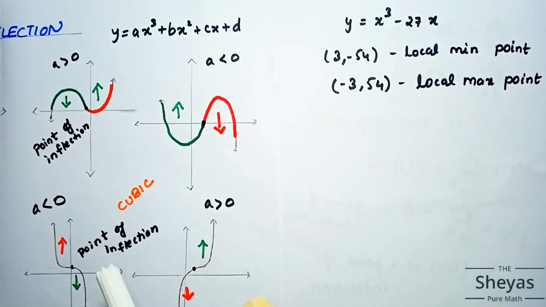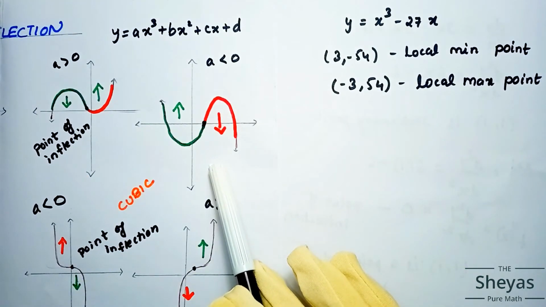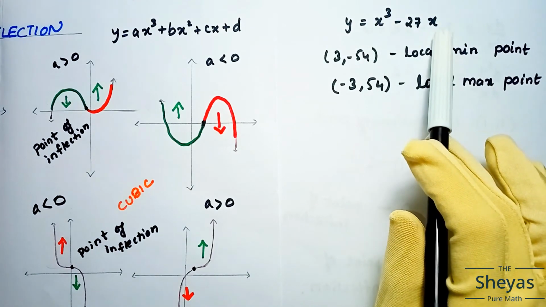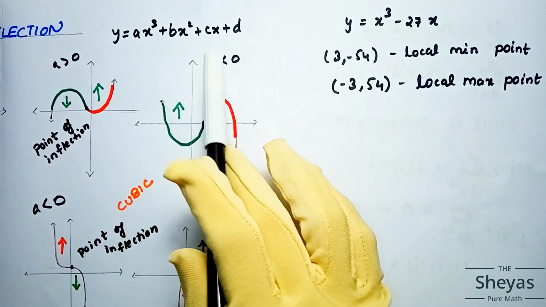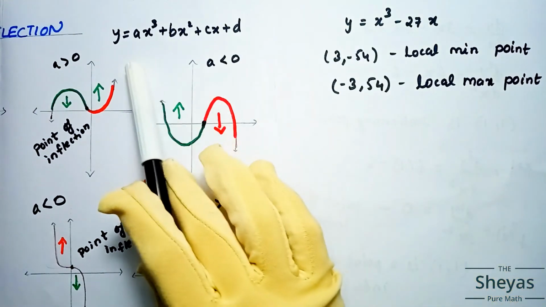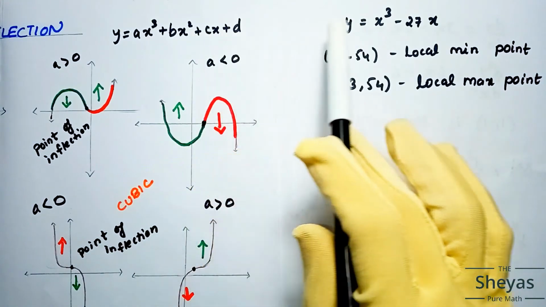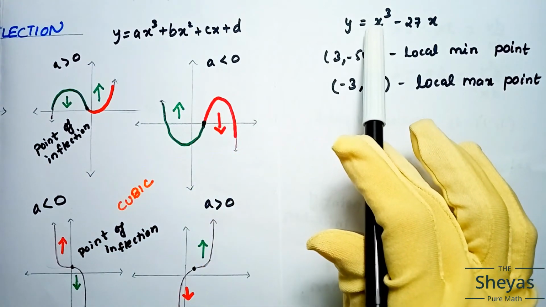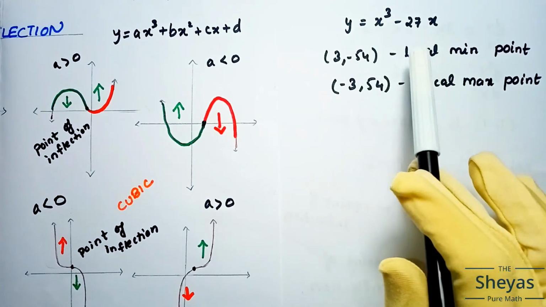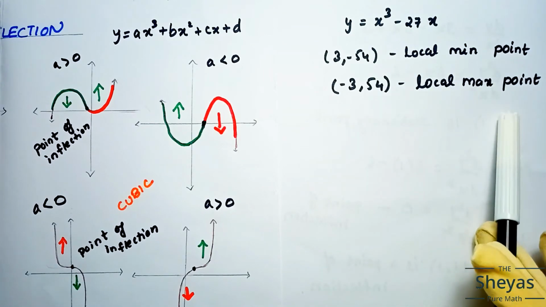Now see here, the graph should be in any one of these forms, okay, because it is a cubic function. And here you see x cube minus 27x. So this is of the form ax cube plus bx square plus cx plus d. So the highest power is 3. Now here a is 1, which is greater than 0, and this graph has a local maximum and a local minimum point.